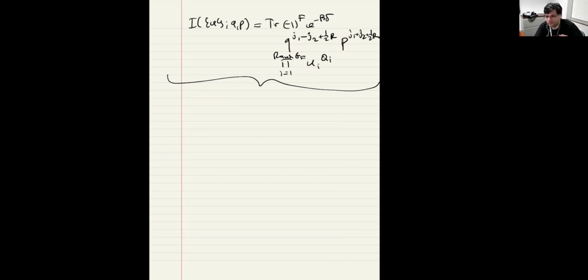What is important is that when we trace over the states in our theory, we weigh the states with these weights. For each state, we compute the quantum numbers under these various symmetries that we have, the J1, J2, and the R symmetry, and we weigh the state with Q to this power, P to this power. And then if the state is charged under some global symmetry, we weigh it also with some product of these U's.